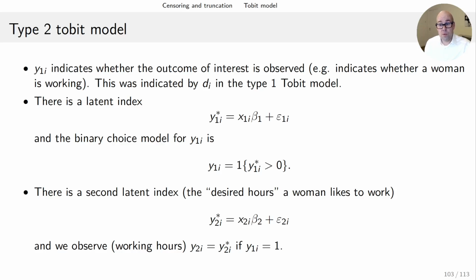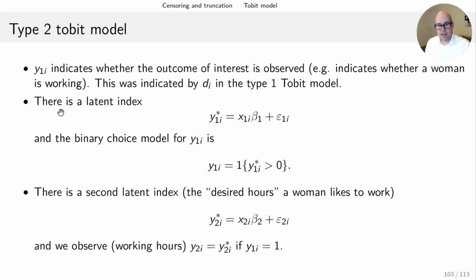So towards putting this together, let's define an indicator y1i that tells us whether the outcome of interest is observed. Okay, so this corresponds to the di that we had before.